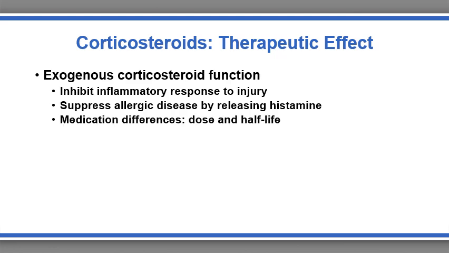When we look at a lot of the medication differences, the pharmacodynamics and pharmacokinetics of a typical corticosteroid, you have to note the dose and half-life. Table 9.2 in the textbook gives a look at a typical corticosteroid. They go over prednisone, which is one of the more common ones.